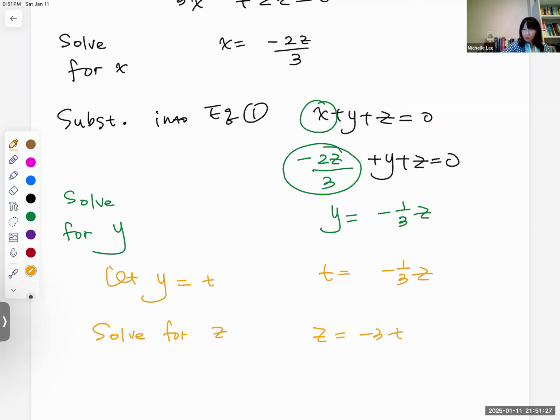Then from here we have x equal to negative 2z over 3. Let's substitute.